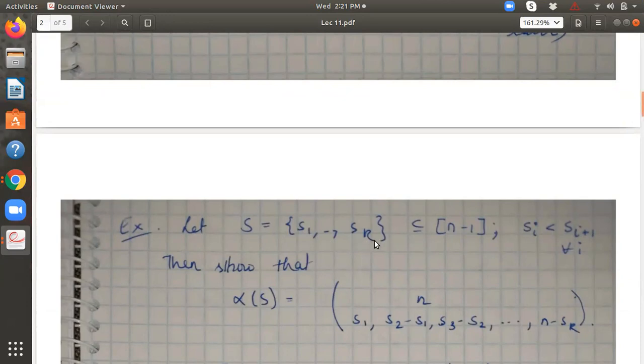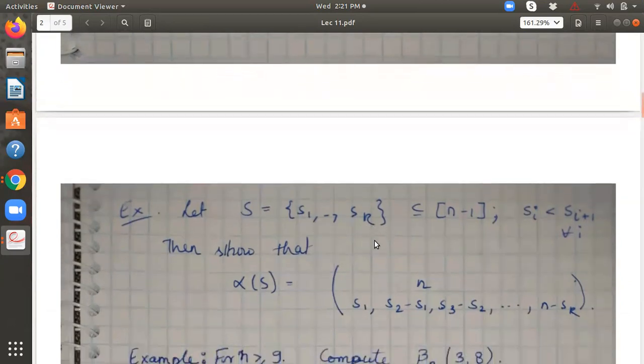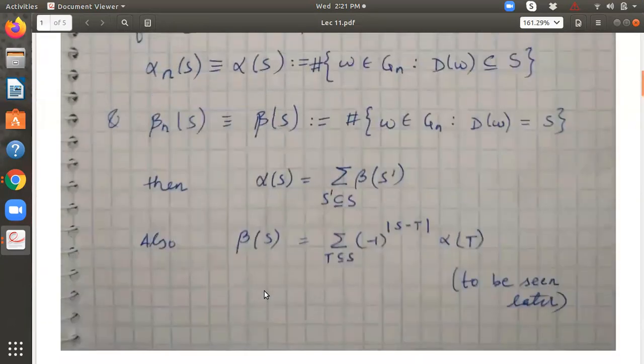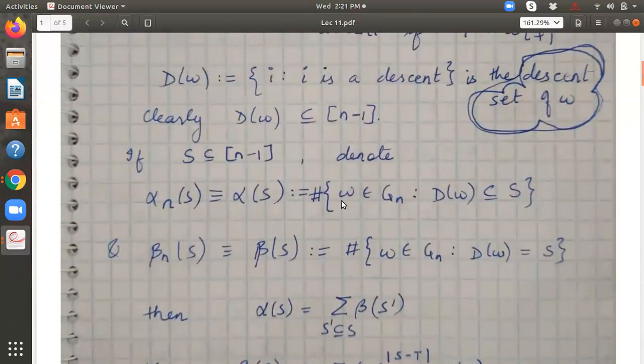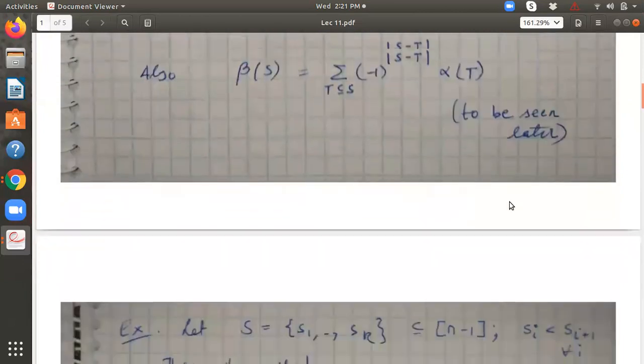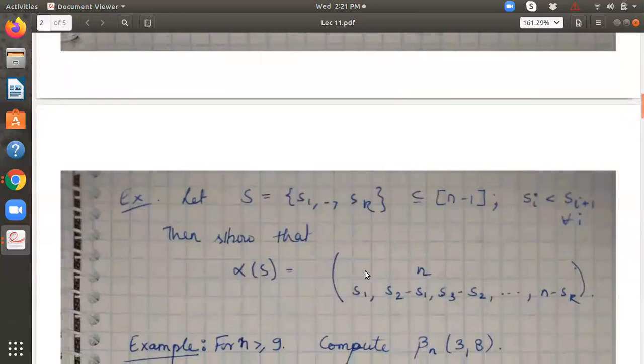Then alpha of S, the number of permutations whose descent set is a subset of S, turns out to be the multinomial coefficient n choose S1, S2 minus S1, S3 minus S2, and so on till n minus Sk. This is an exercise which you should do. It will pop up in the next assignment. For now we assume this and proceed further with an example.